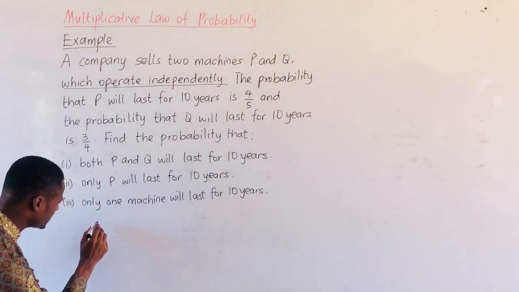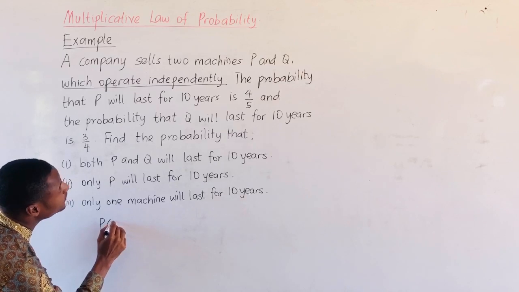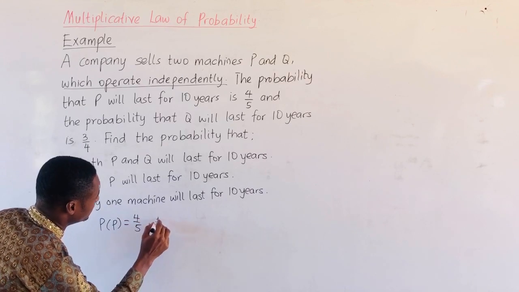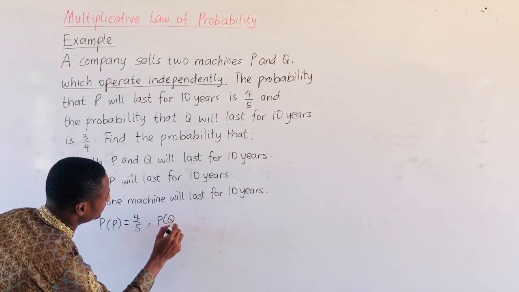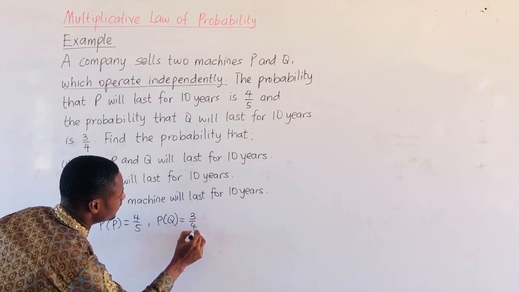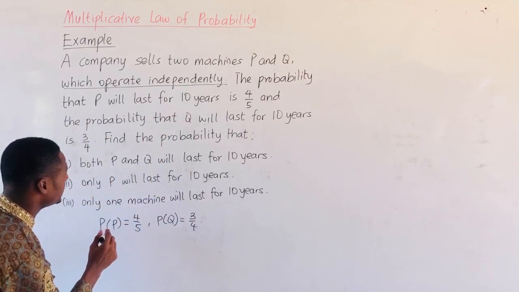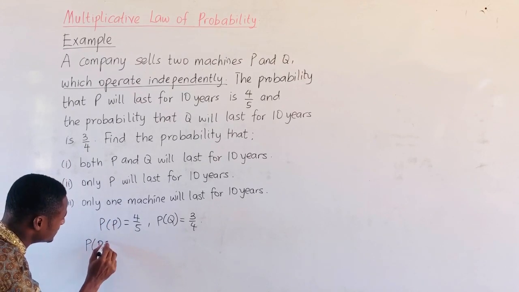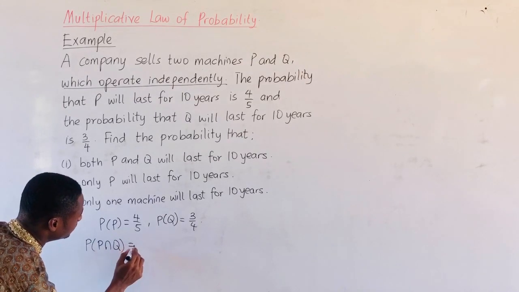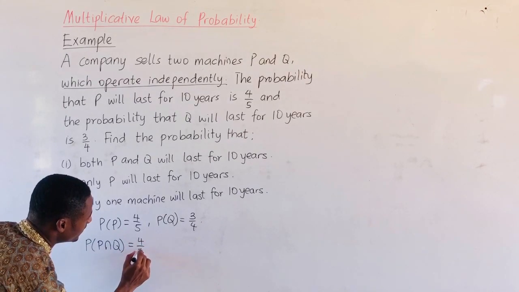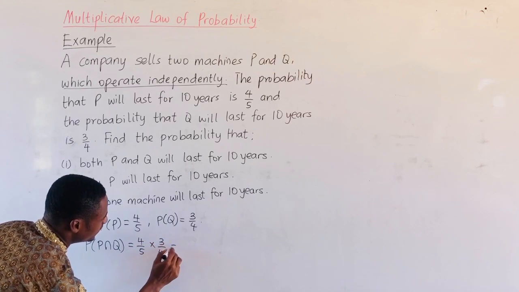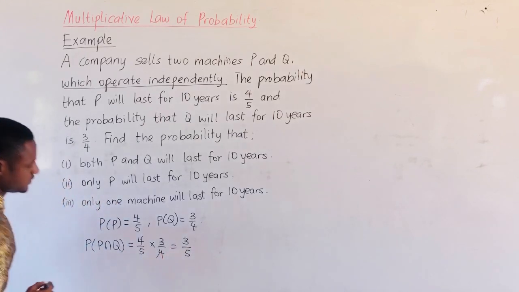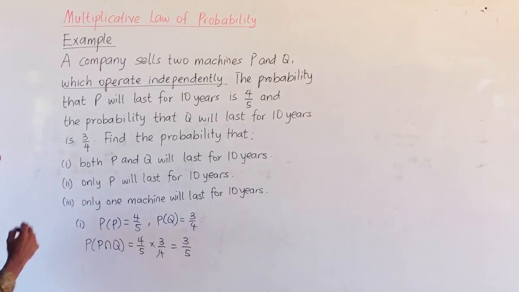Then we are given that the probability of P lasting 10 years is 4/5, and the probability of Q is 3/4. Since they operate independently, the probability that both P and Q will last 10 years, which is P intersection Q, is equal to 4/5 times 3/4. That will give us 3/5. 4 cancels 4. So this is the first one.